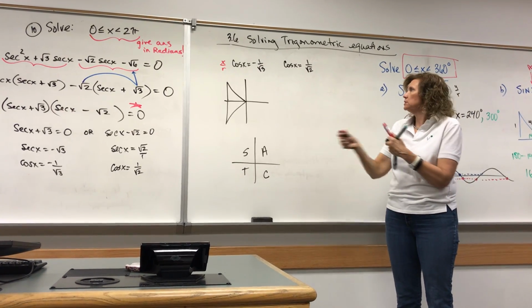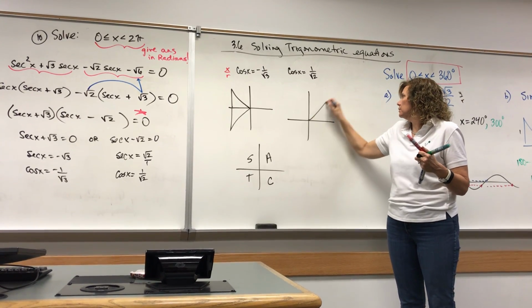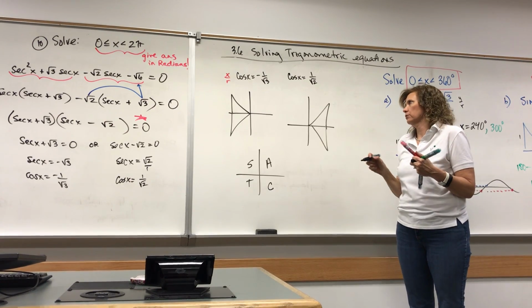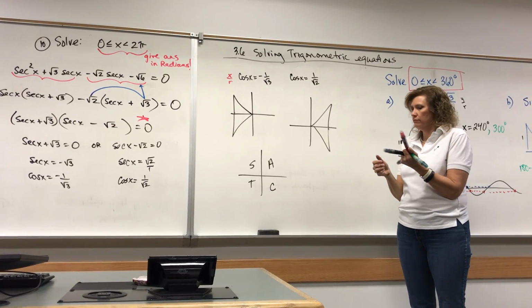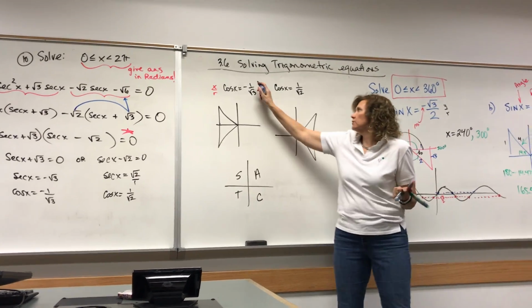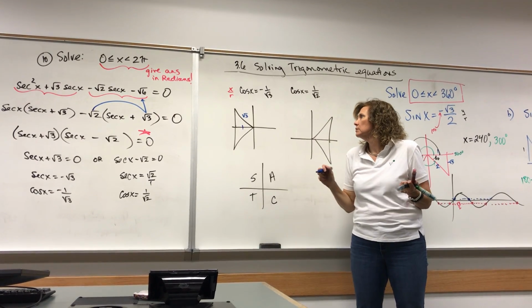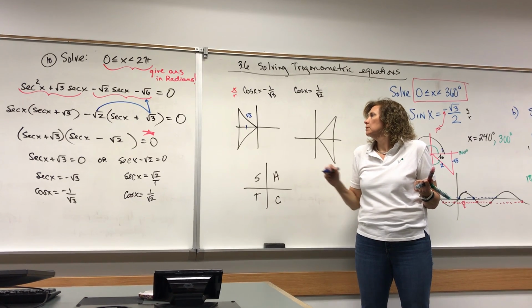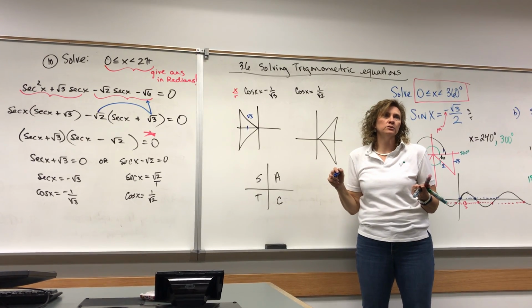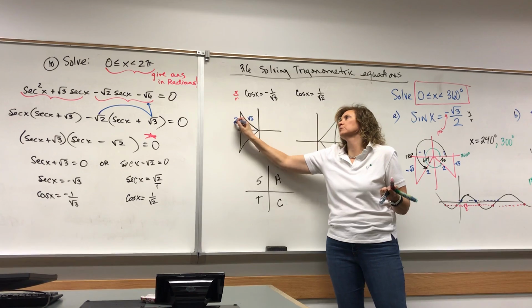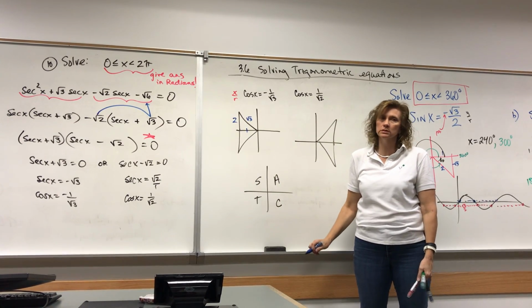Cosine is positive in the first and the fourth. All right, x over r, so we've got 1, we've got root 3. Have you ever had root 3 on a hypotenuse before? No. Be careful about labeling that too, because it's not 2.